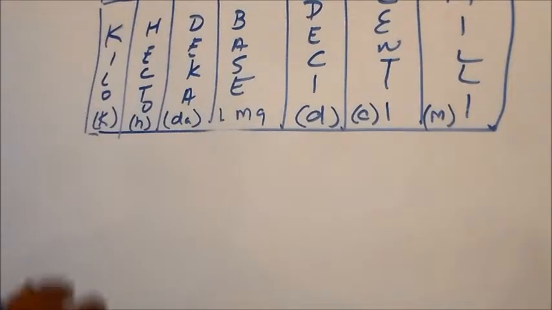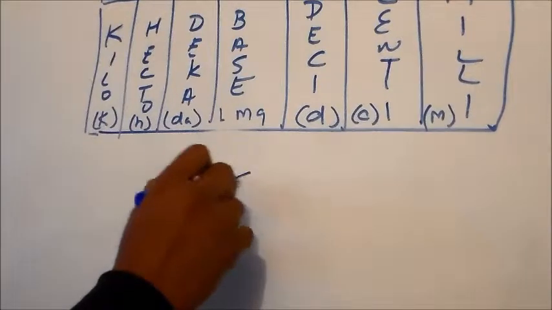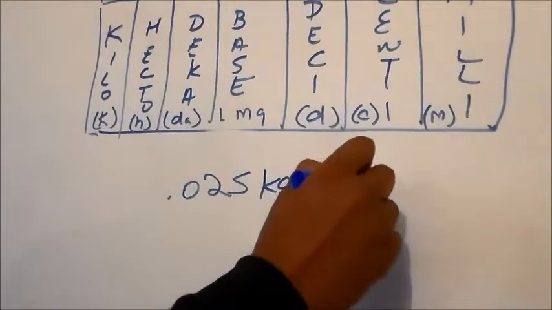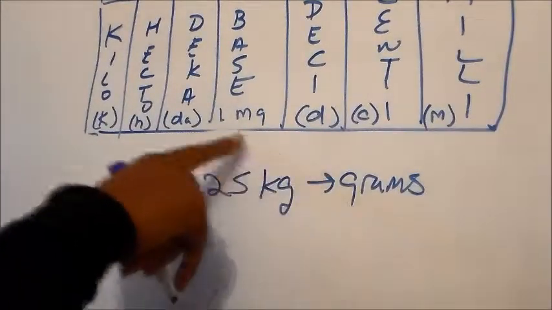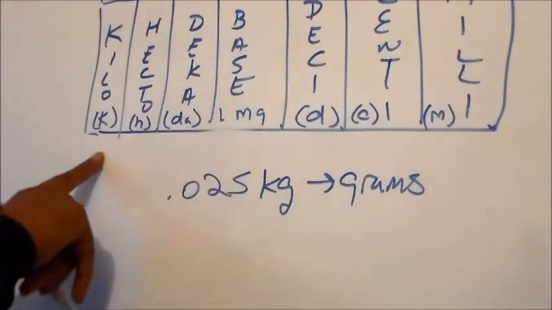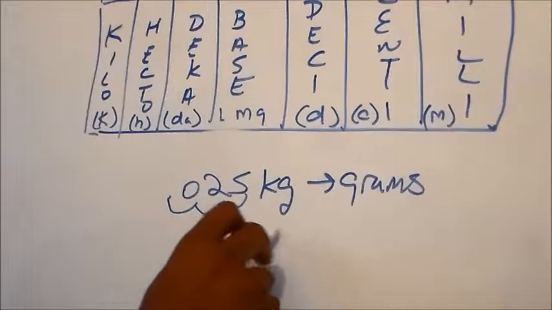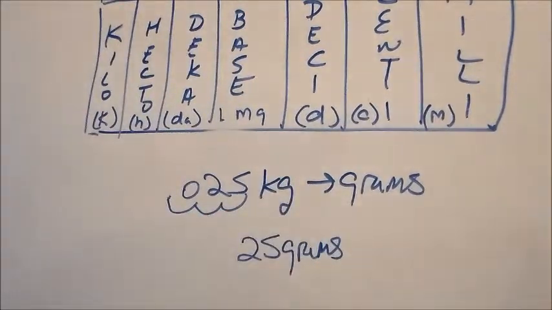Then 0.025 kilograms, and we're going to change this to grams. The gram is the base unit, so 1, 2, 3. 1, 2, 3. 25 grams.